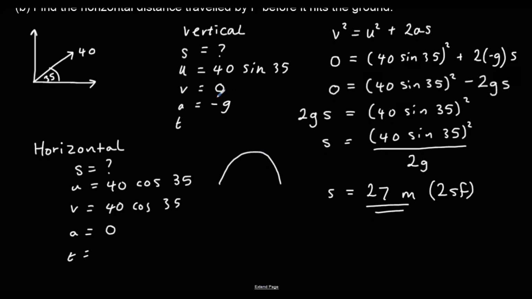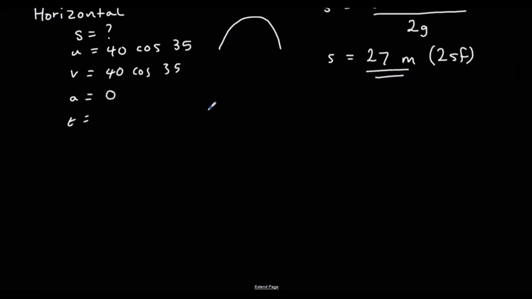So if we do v equals u plus at for the vertical motion to the top. At the top, v is 0. U was 40 sine 35.